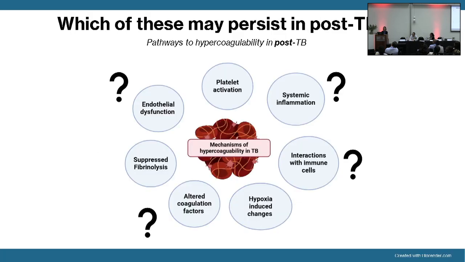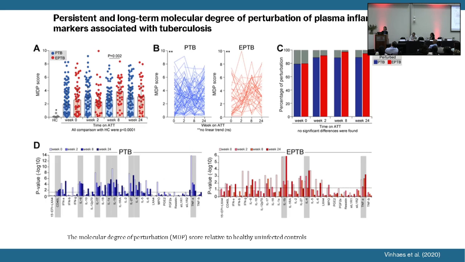This is the same figure I showed earlier, and the real question is which of these mechanisms may persist into post-TB? And I've indicated with the question marks those that are likely to persist. For example, although systemic inflammation should resolve after acute TB, this study found that patients with tuberculosis had persistent molecular perturbation, which did not significantly change over the 6 months of anti-TB treatment.